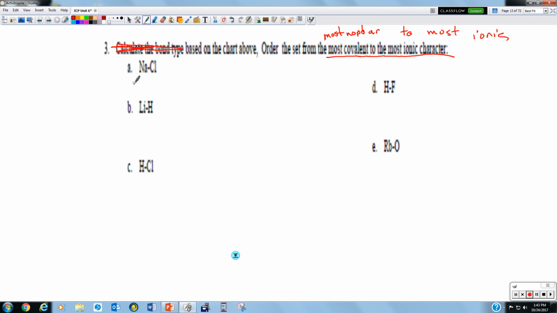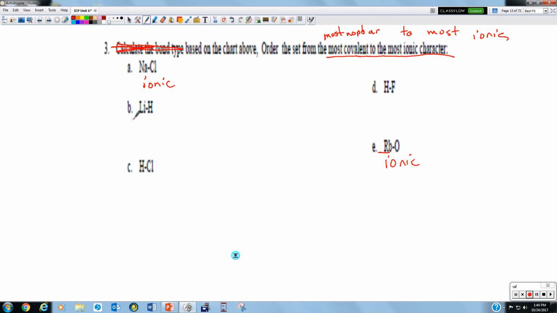Sodium chloride, is that ionic or covalent? I'm going to skip the ones with hydrogen in it for now. So let's look at rubidium and oxygen. Is that ionic or covalent? Ionic, because rubidium is obviously a metal, oxygen is obviously a nonmetal.